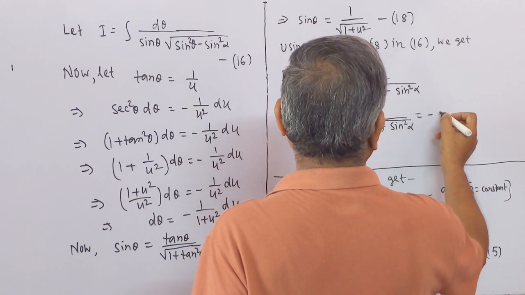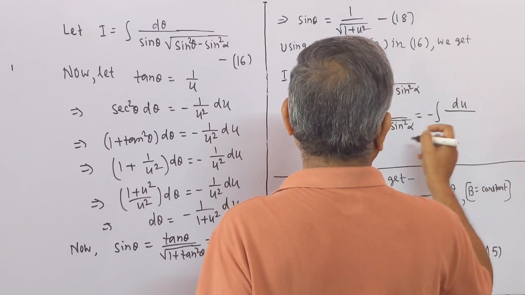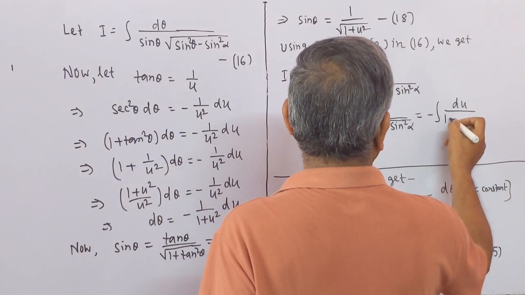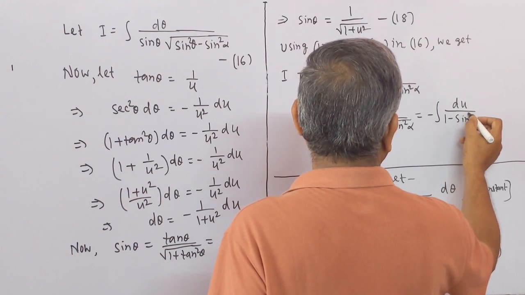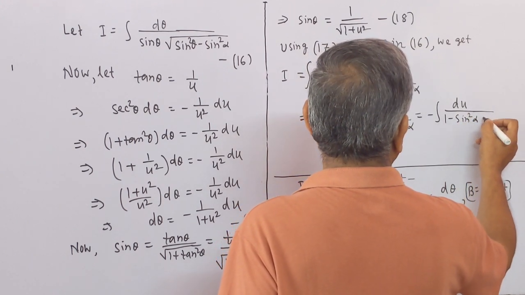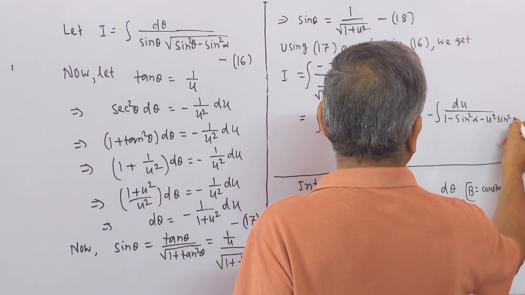This equals minus integration du by square root of 1 minus sin square alpha minus u square sin square alpha.